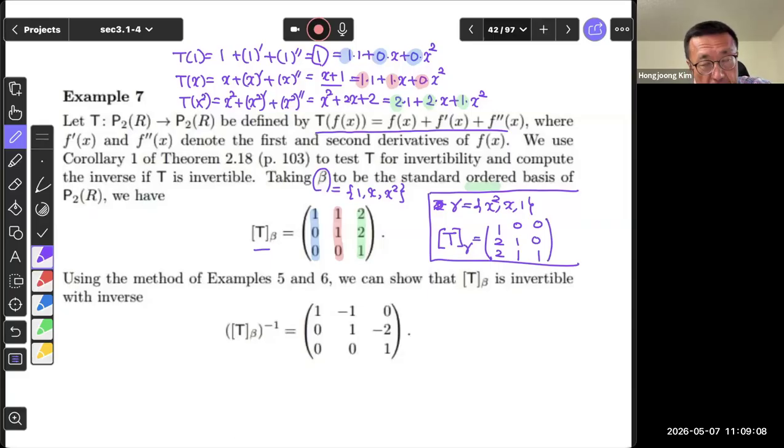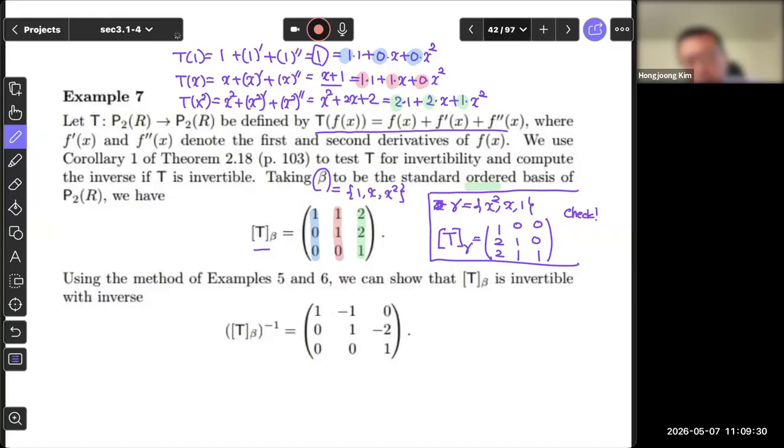So please check this one for this gamma. So if I change the order of a basis, or if I change the vectors in a basis, everything will be changed. Anyway, this is the matrix representing T with respect to beta here.